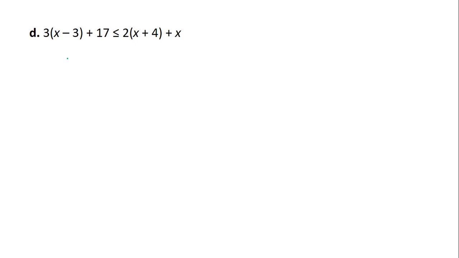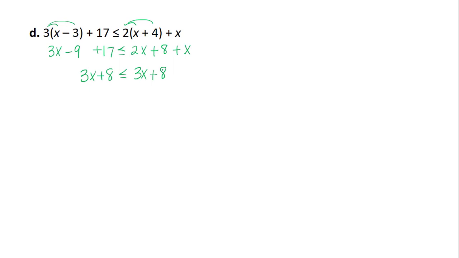Simplifying each side, we get 3x minus 9 plus 17 is less than or equal to 2x plus 8 plus x. We combine like terms to get 3x plus 8 is less than or equal to 3x plus 8.